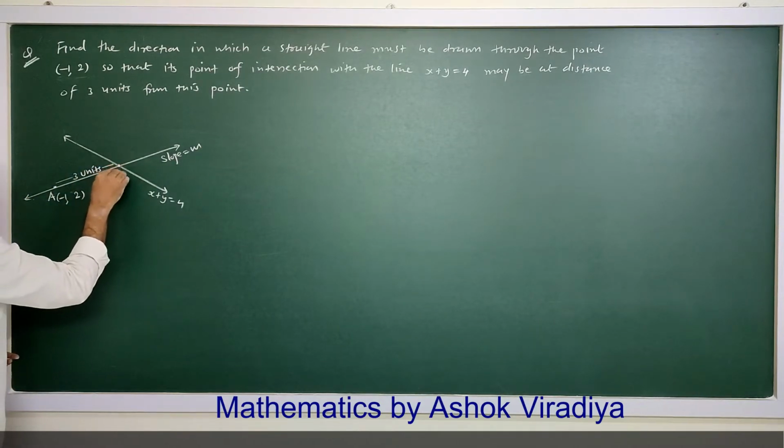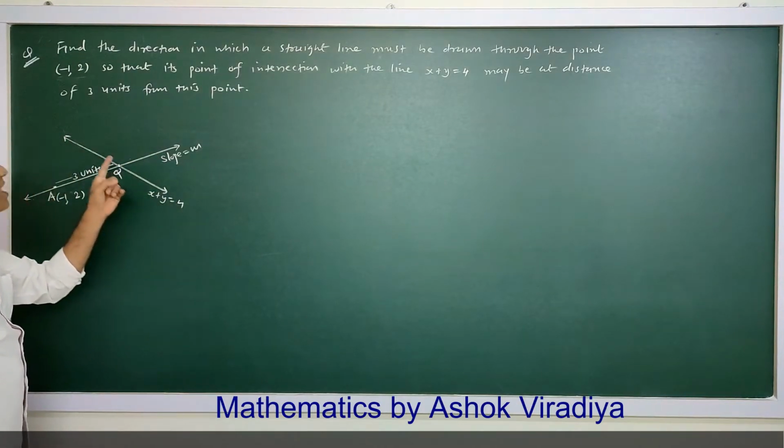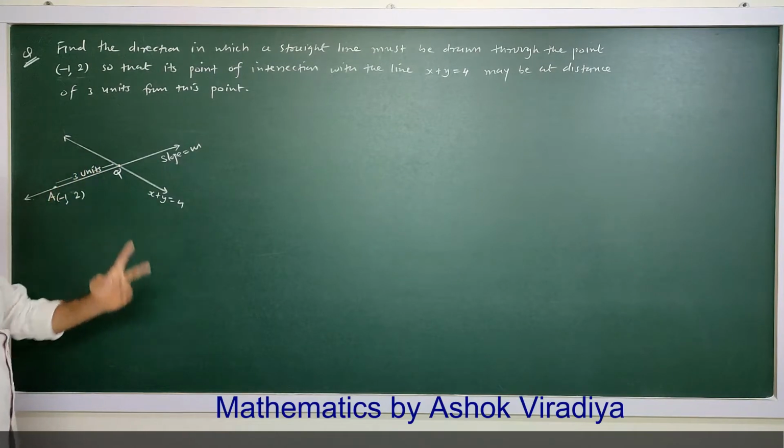Suppose the point of intersection is Q. Here the question is to find the direction of this line which intersects x plus y equal to 4 at a distance of 3 units.